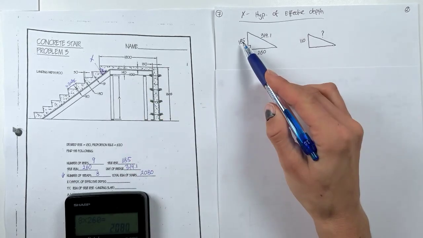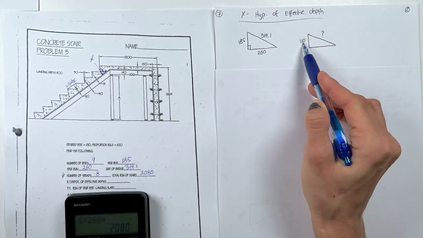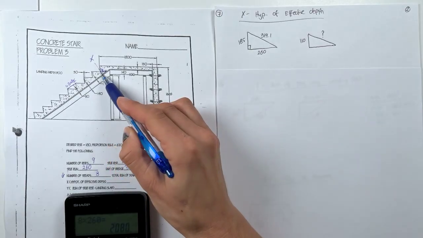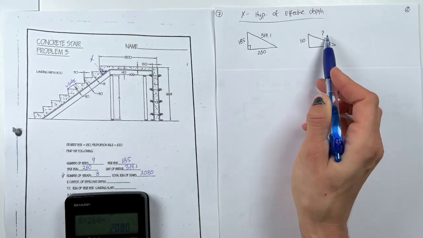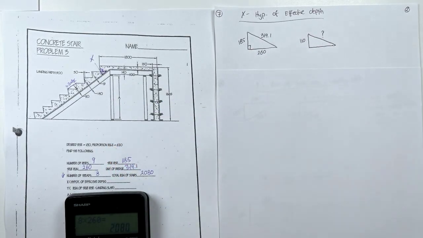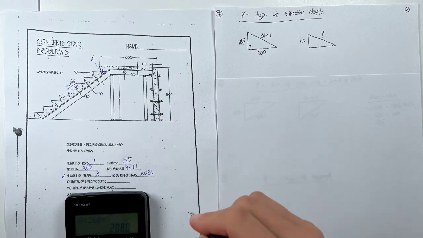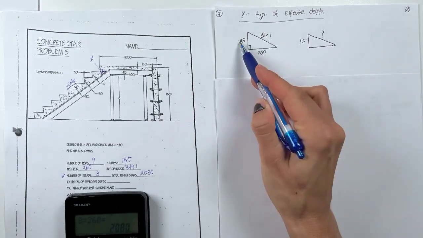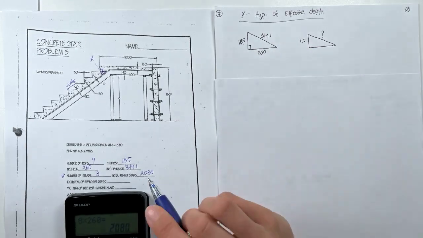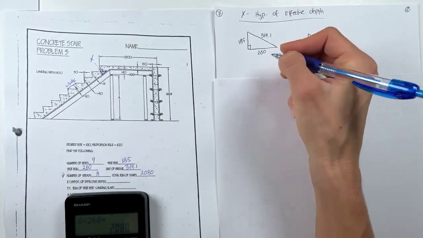The rise is comparable to the effective depth, right? They're on the same side of the triangle, and we want to find out the hypotenuse. So which numbers could we compare to each other? I would compare the rise and then to the hypotenuse. And I always like to keep them the same.